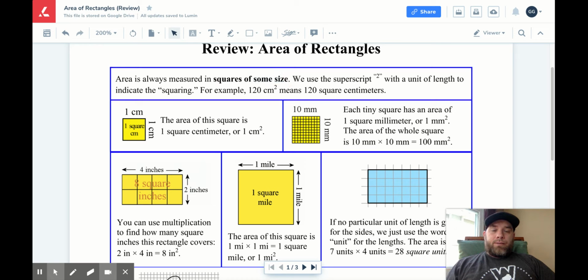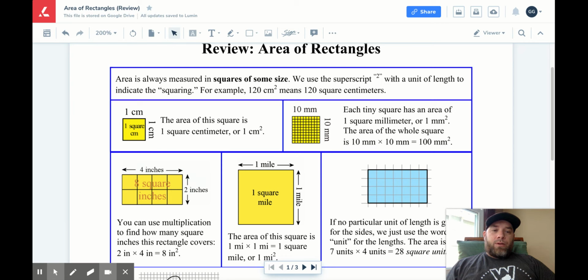When we write, we use what's called a superscript, and that's just the number 2 because it's 2 dimensions. So we have length and width, also could be base and height. So we have 2 dimensions. So we write a little 2 up there when we're writing area.